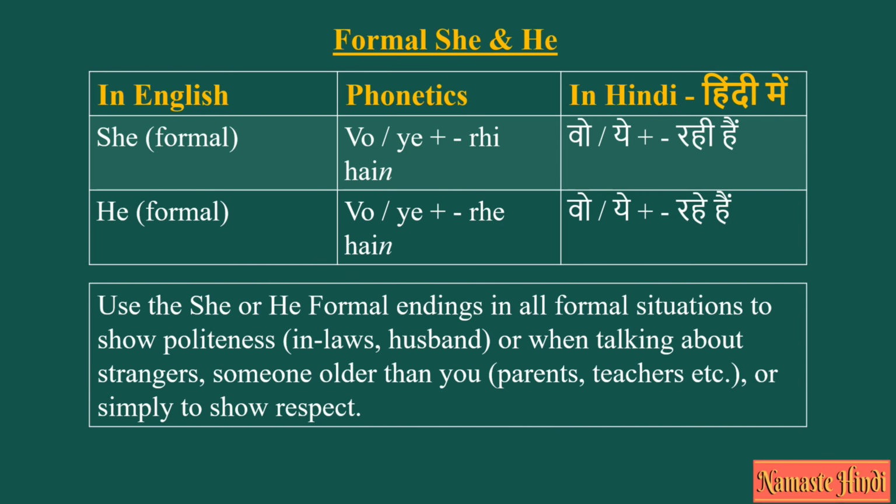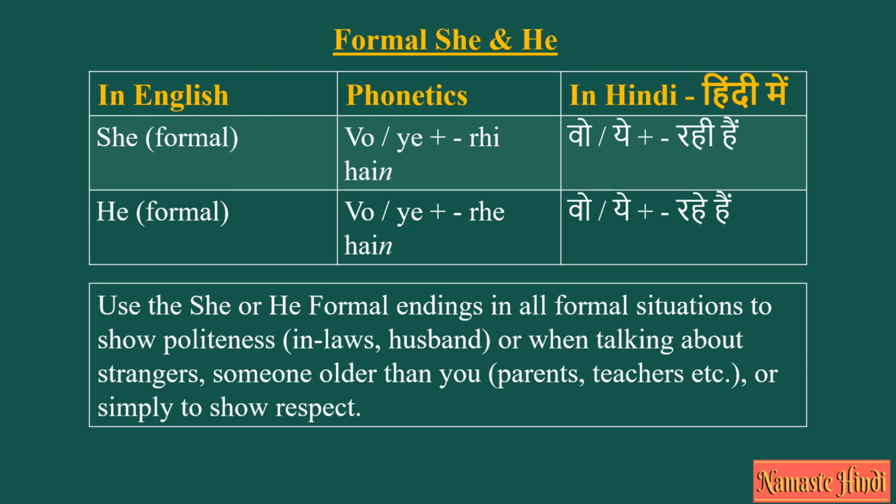Formal she and he. She formal: wo for far distance or ye for near distance, plus verb ending is rahi hai. He, formal: वो for far distance और ये for near distance plus रहे हैं.